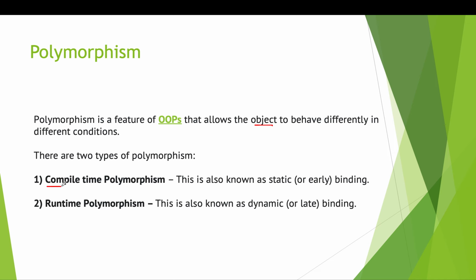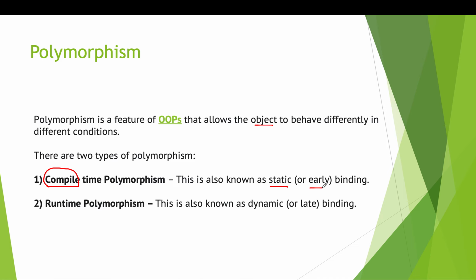Compile time, as the word says, means that during the time of compilation it will be decided, out of the multiple forms, which form will be active. This is also called static or early binding. We know polymorphism means an object or a method can behave in multiple forms, differently in different situations.